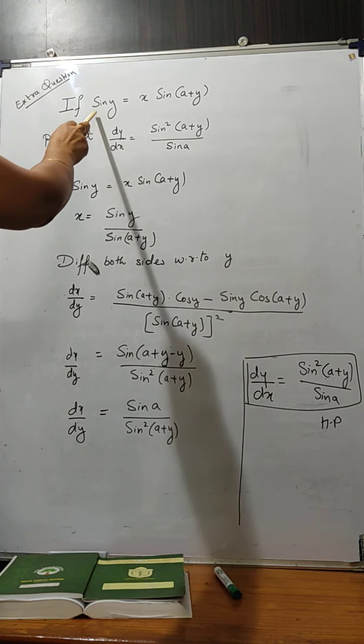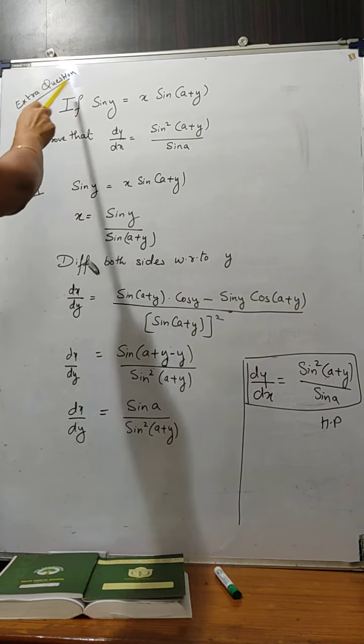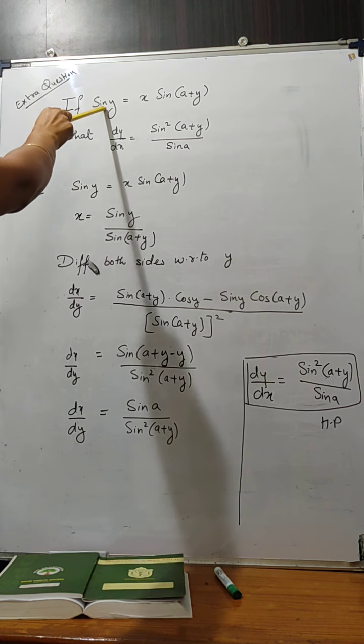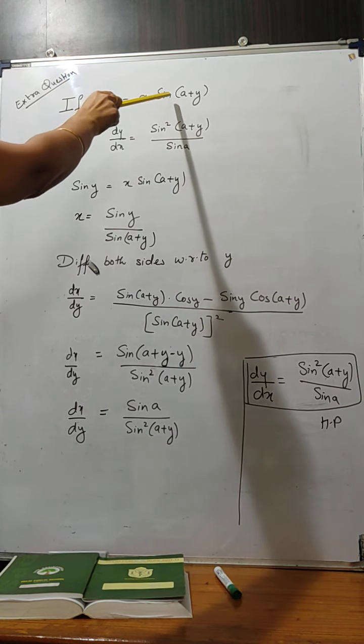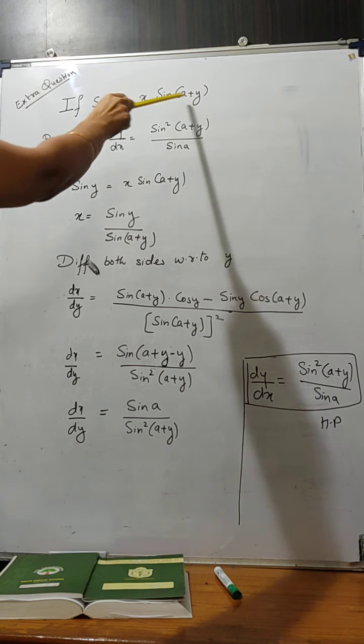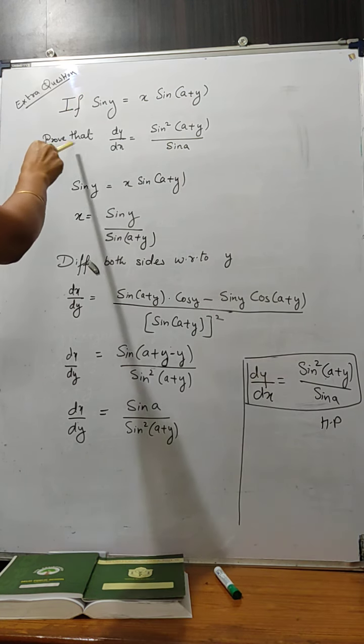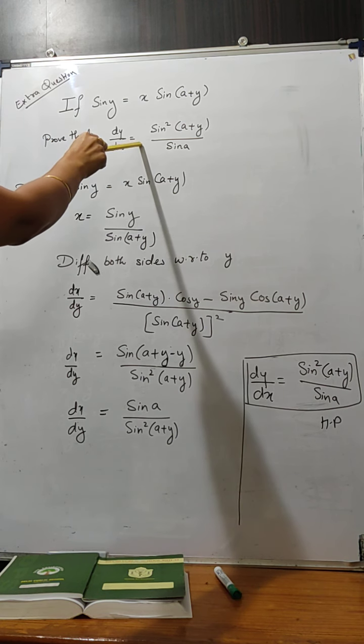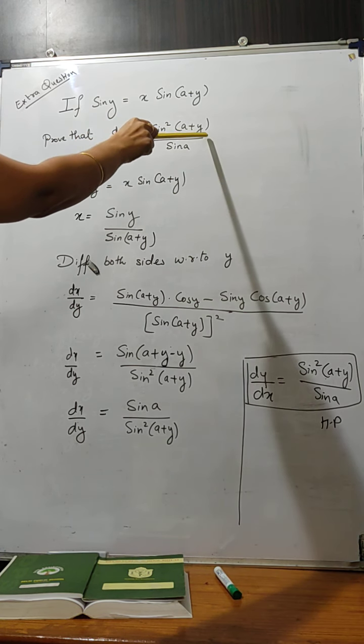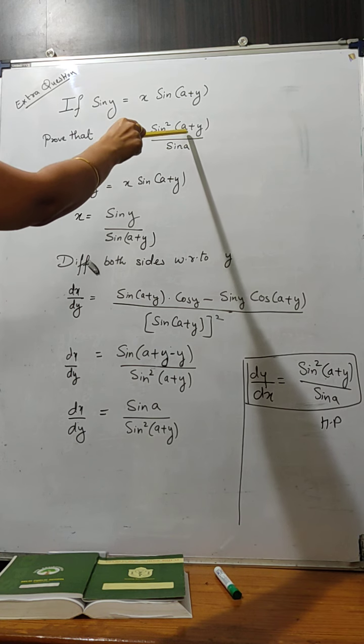Now let us take one more extra question, that is if sin y equal to x sin of a plus y. Some similar question you will be getting in the miscellaneous exercise. You have to prove dy by dx is equal to sin square a plus y upon sin a, where a is some constant.